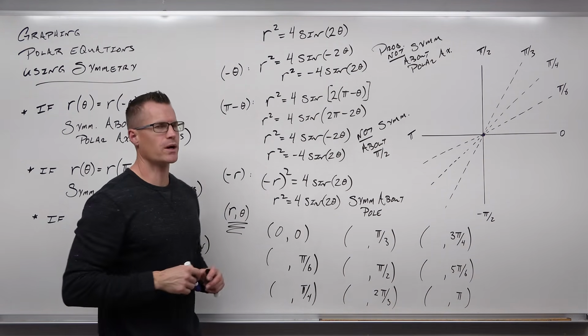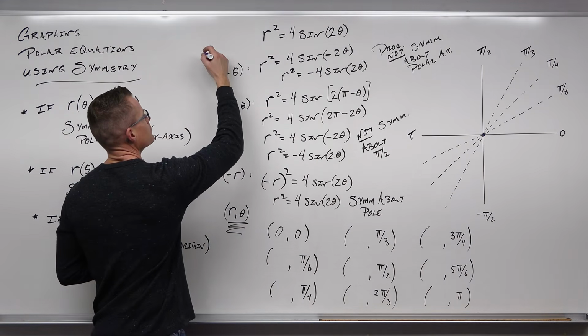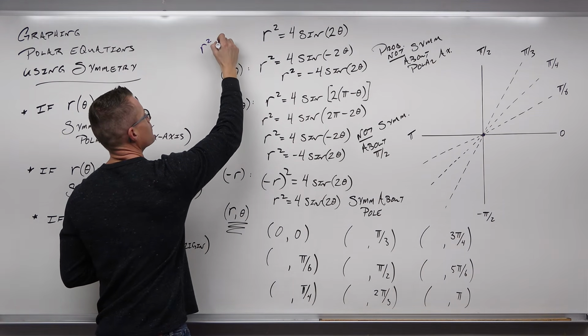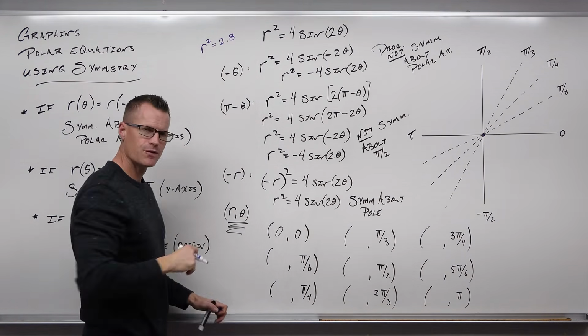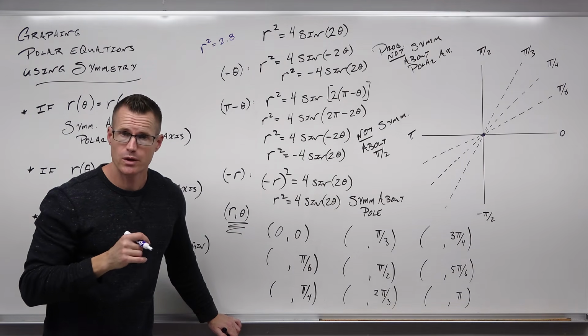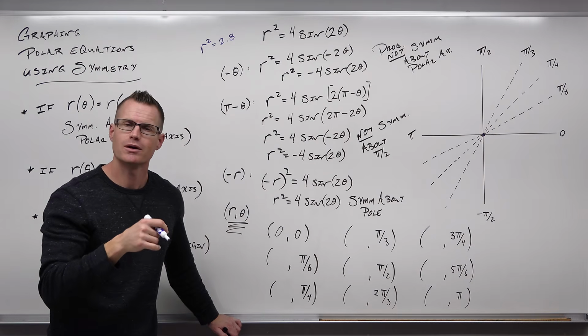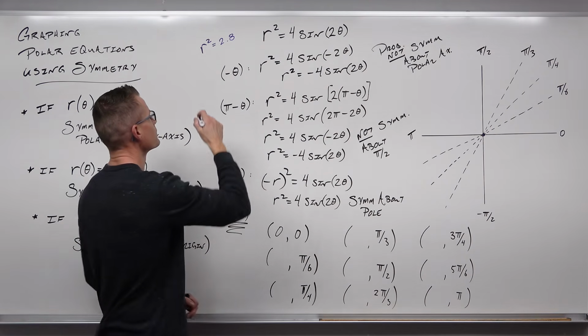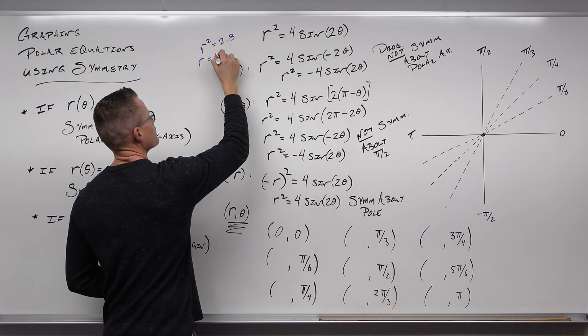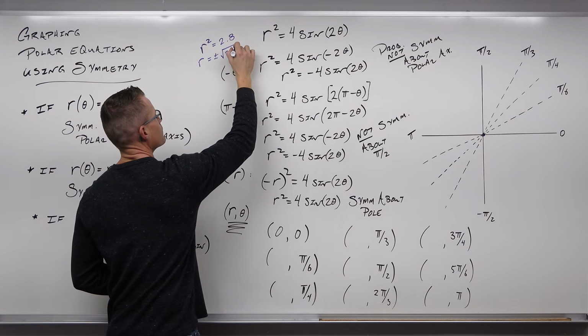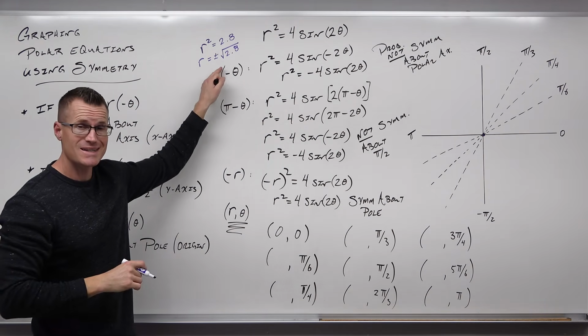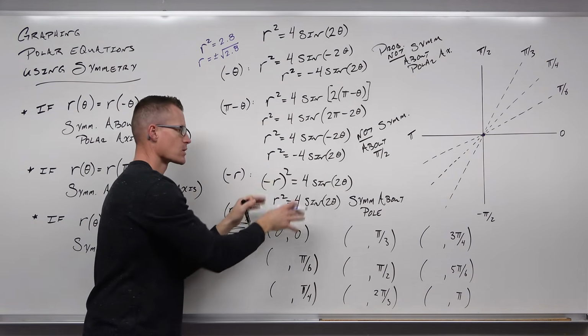This would be r squared equals 2.8. How would you find r? You take a square root. But in doing so, when you take a square root, you have to do a plus and minus. That is precisely why this is symmetric about the pole.